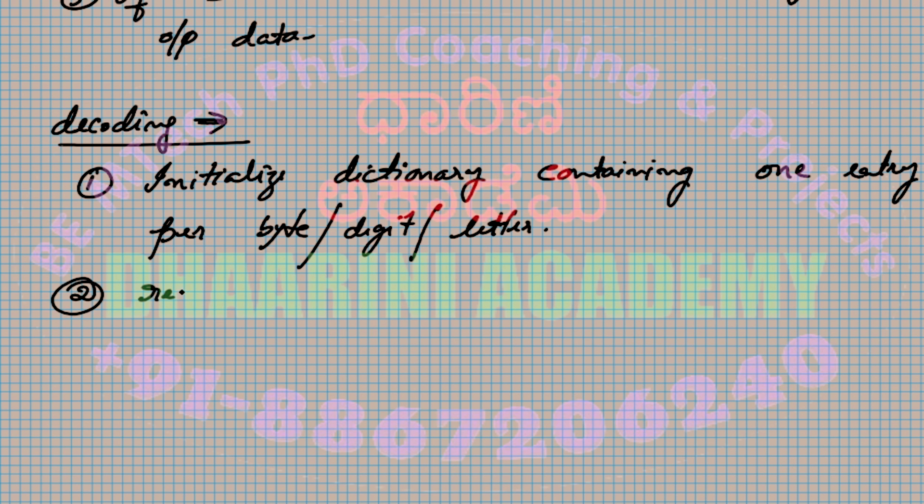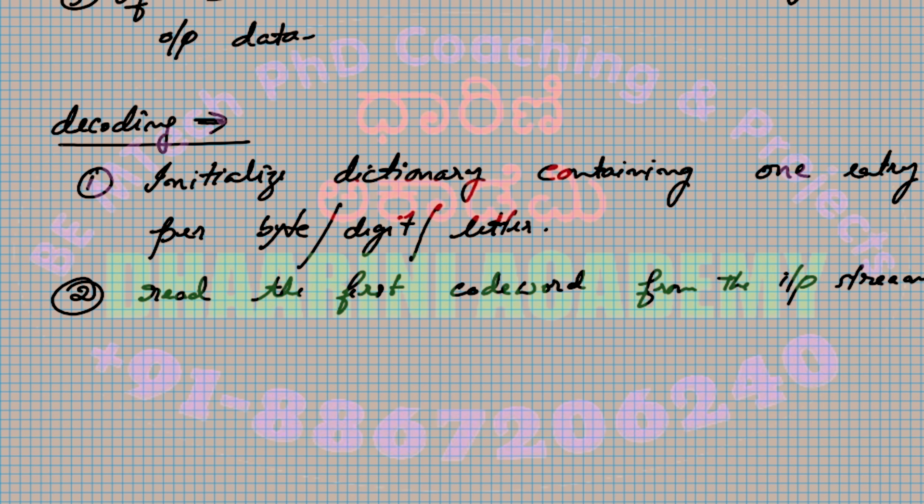So read the first code word from the input stream and write the byte it encodes.